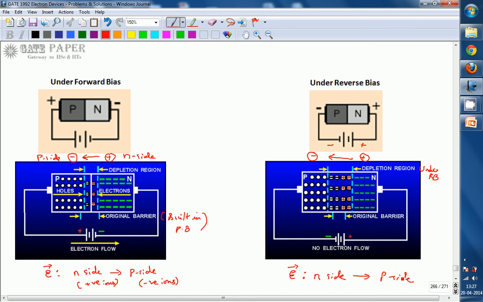Now we should know how to calculate the value of the electric field, so that we can choose the option.